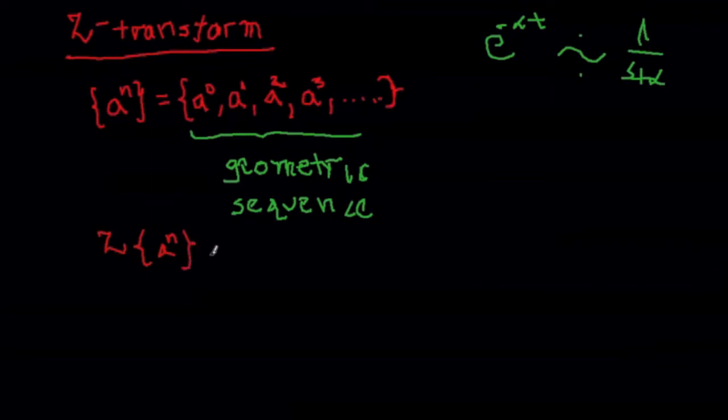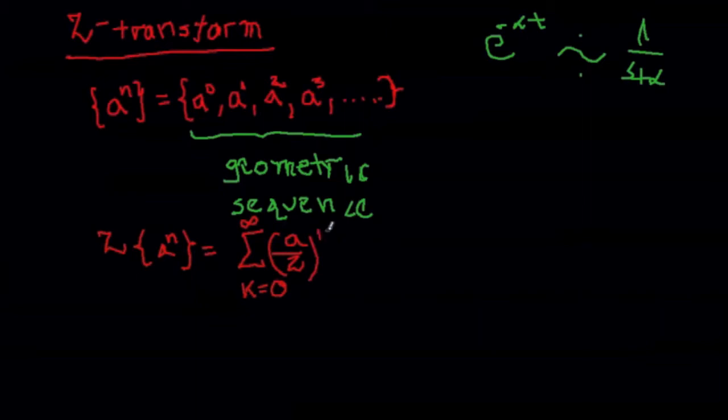a geometric sequence, we have the following: the sum as k goes from 0 to infinity of a to the k times z to the power minus k.